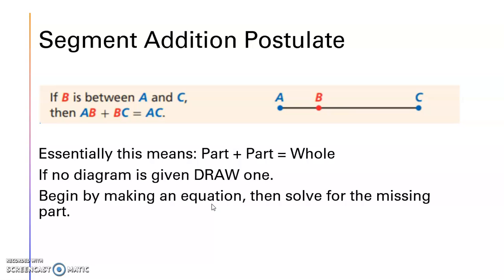I know sometimes this seems like extra work, but if you do it on the easier problems, then when you get to the harder problems with variables, you'll be able to do those questions as well. So begin by making an equation and then solve for whatever's missing. Let's take a look at an example to see how this works.